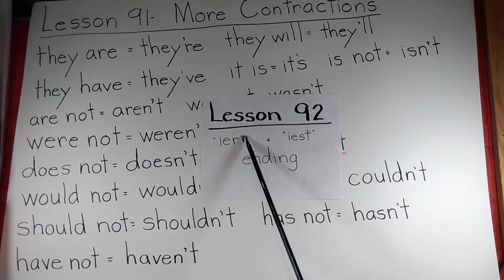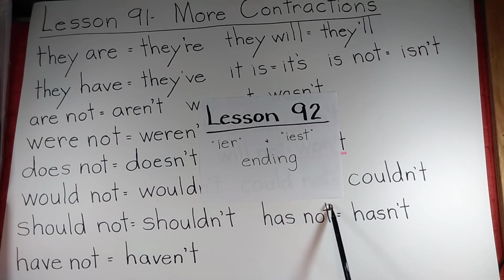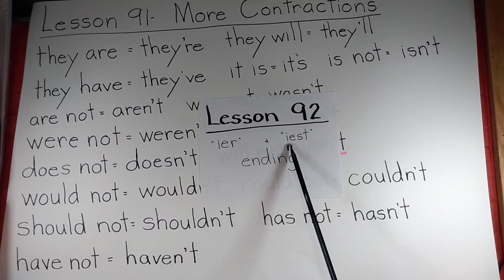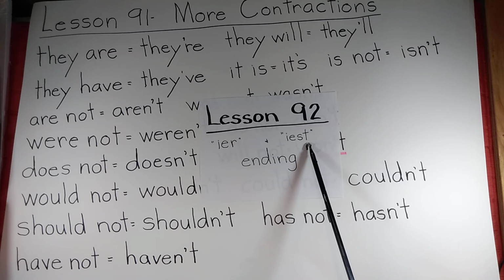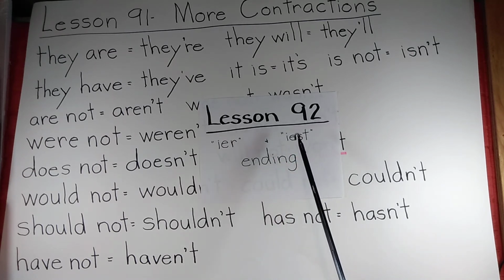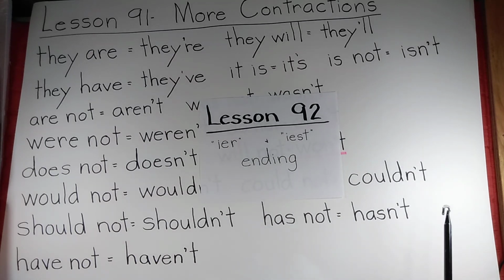When you're comparing two things, you use ER to show which one is more than the other. And then she looks at a third dress and she says, wow, this is the prettiest dress of all. So when you're comparing more than two things, you use EST as your ending to show that it's the most of something.